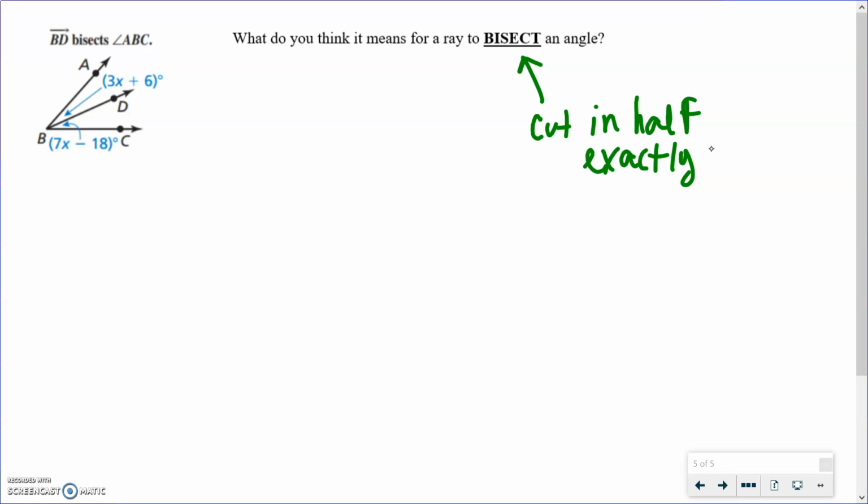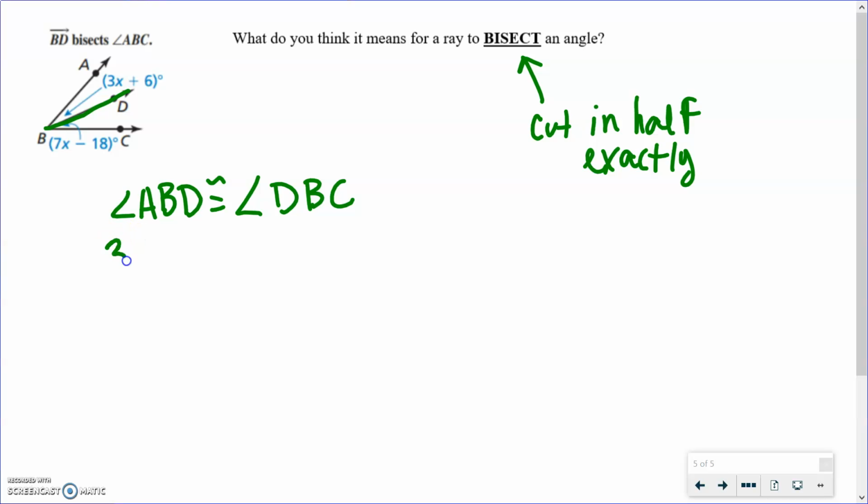We talked about that when we were talking about midpoints. It means the same thing with an angle, though. So what it means is if BD, so this ray right here, bisects angle ABC, that means that angle ABD is congruent to angle DBC. Okay, so they are exactly the same.